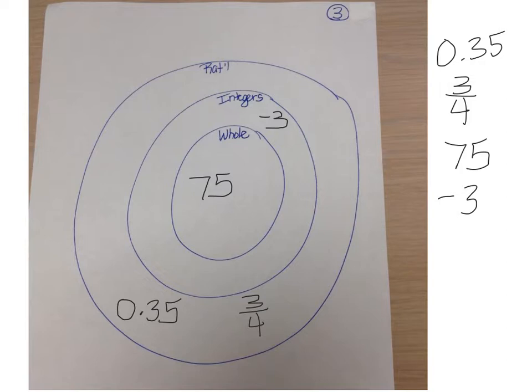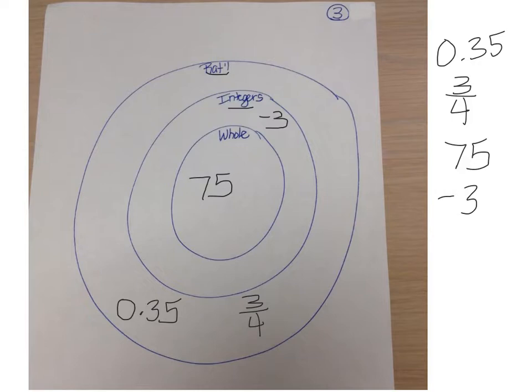But when we categorize this, because the integer circle is inside the rational number circle, it's an integer and it's a rational number because it's sitting inside the big circle, okay? All right, so we're going to do some more samples on the next square.